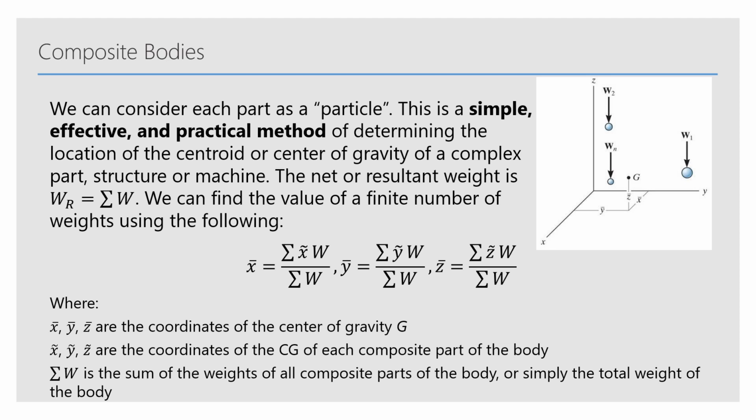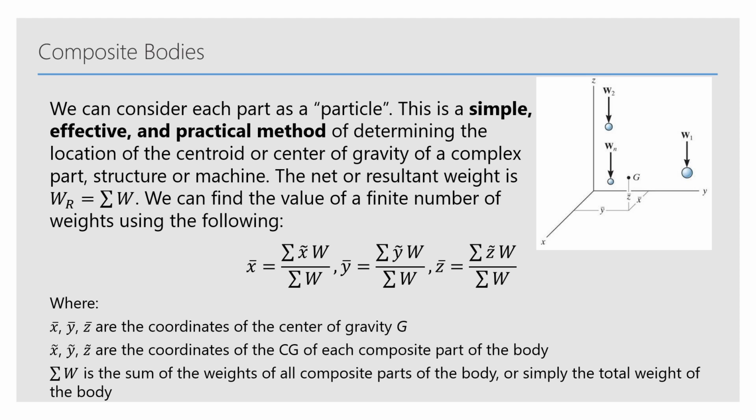The net result for weight, as we're seeing on the right image, is that the resultant weight is the sum of the weights of the simple particles, right? We can find the value using the following equation. This looks similar to the equation we saw before, but this time instead of integration, we're using summation. We're just adding up the x, y, or z times the weight, which is distance times force, kind of the same as a moment.